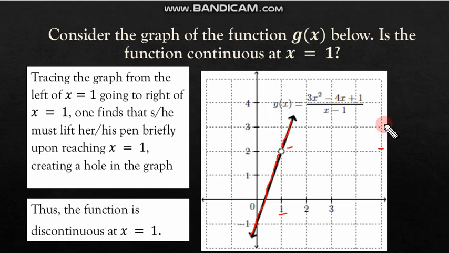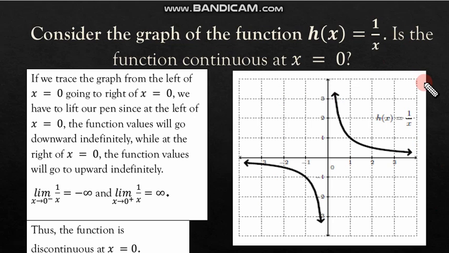of the interruption. Another example here is the graph of the function h of x equals 1 over x. Is the function continuous at x equals 0? Now, as we trace the graph on the left side of x equals 0 going to the right of x equals 0, we can see that we need to lift our pen.